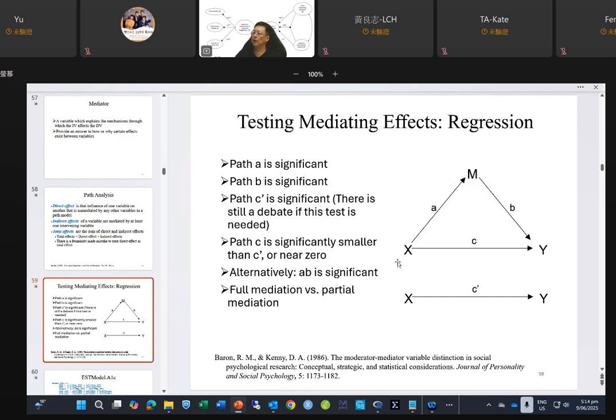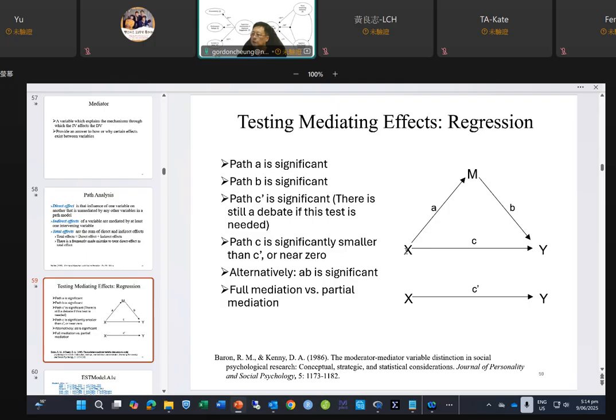When we test the mediating hypothesis, actually we don't care about the C, the residual effect. Some people say that we should first find a significant total effect C' before we can test an indirect effect. That is not true nowadays. It is true when you have such a simple model.